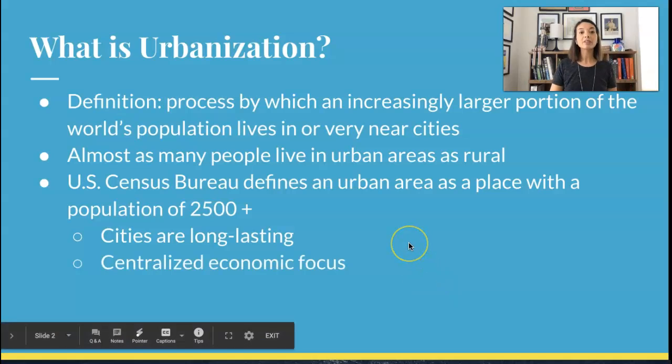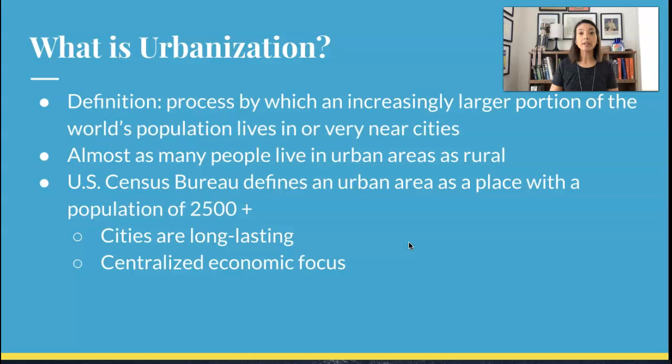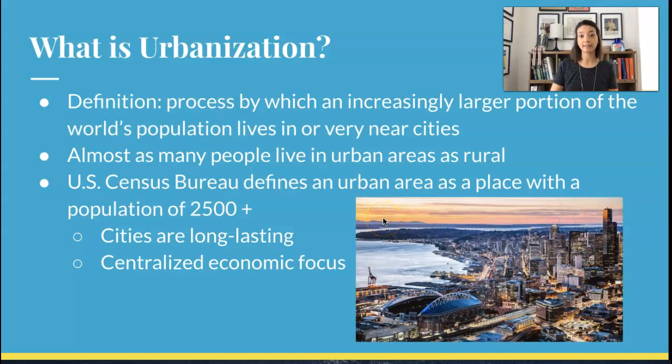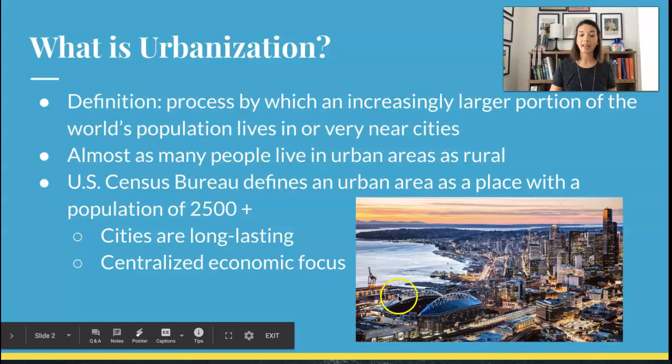Okay, they also have a centralized economic focus. There is a way for people to earn money. So let's take the city of Seattle as an example. Of course, this is Elliott Bay here, and with the ability to access water, we have ways in which to make money, essentially, off of that water. There's a water industry.